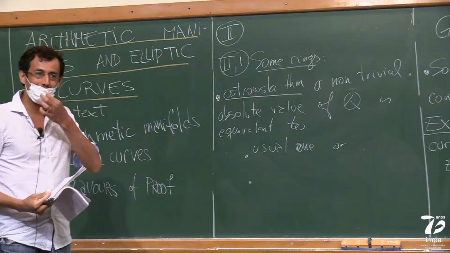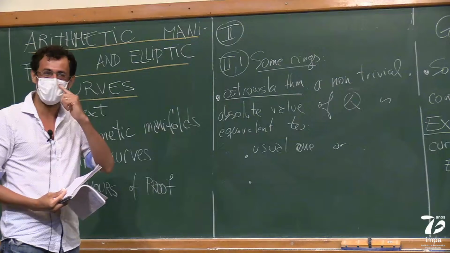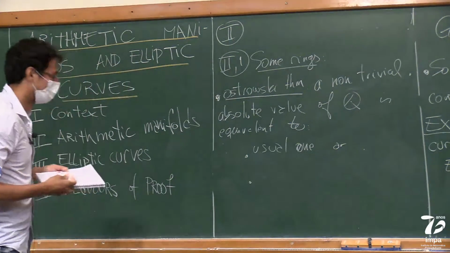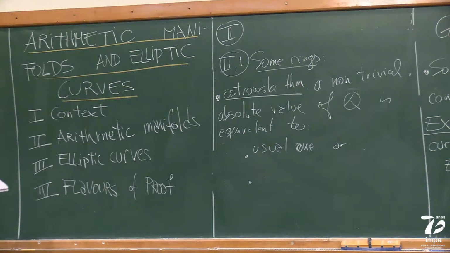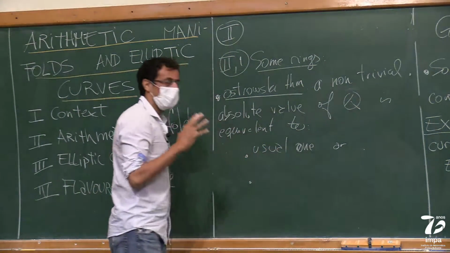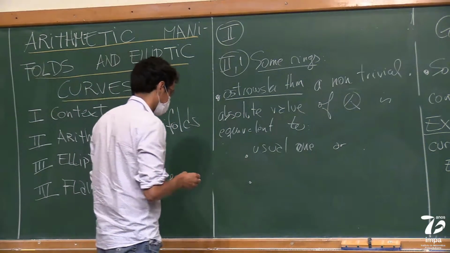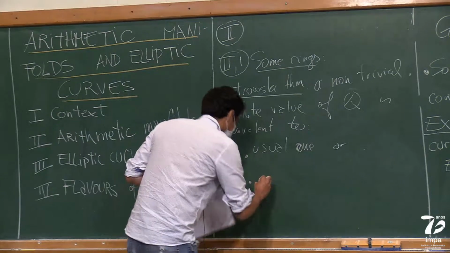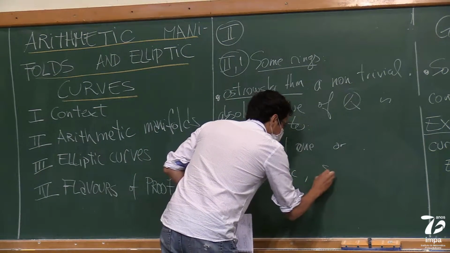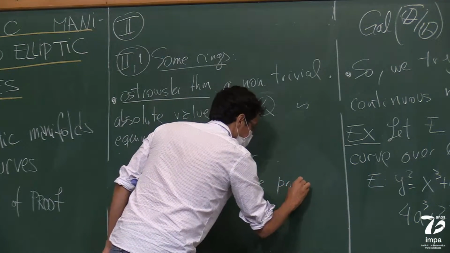It's better to keep this. Okay, so it's equivalent to the usual one, or one more different one, which is called the L-adic absolute value, where L is some prime number.